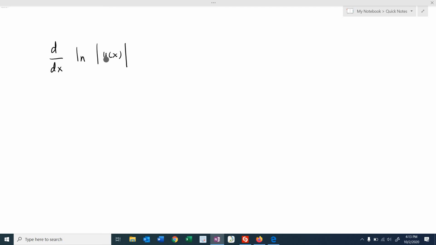Okay, so let's suppose this is a function of x itself, right? So u is some function of x. So this is really a composition of two functions now. This is like natural log of x, which is the outer function, being composed with this inner function, which is u of x.